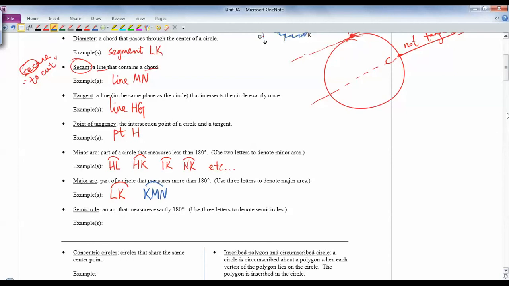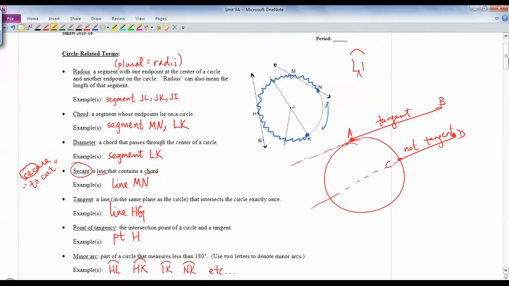And then if I'm talking about a semicircle, that is exactly half of the circle. So like I'd either pick this half of the circle or I'd pick this half of the circle. And you can't use two letters because then you don't know which half you're talking about. So you throw in one middle letter.